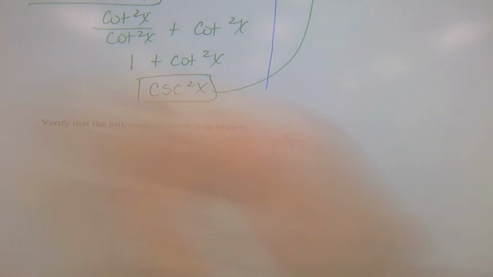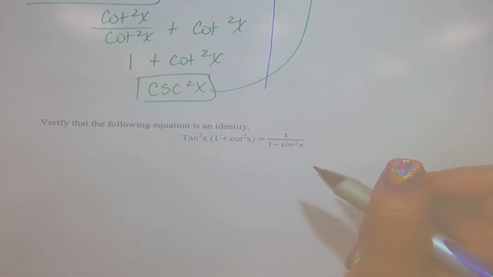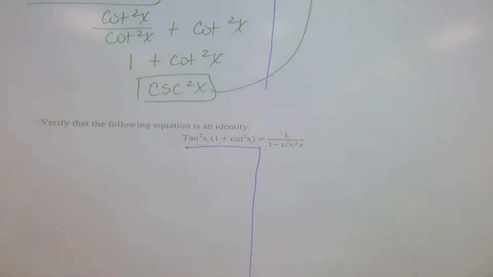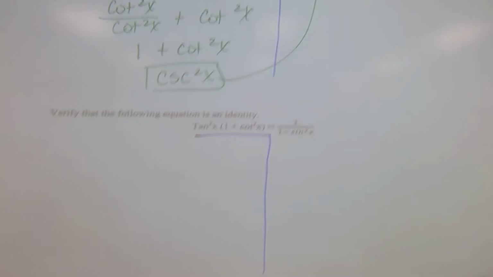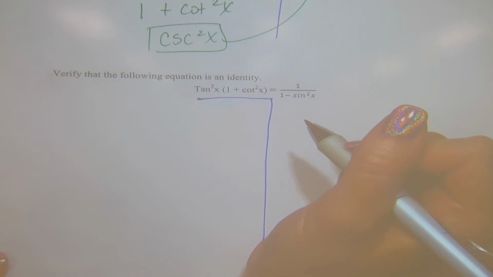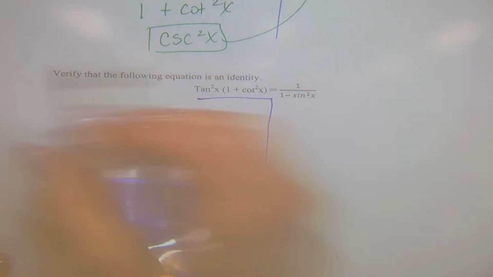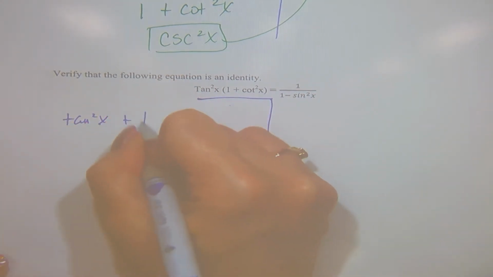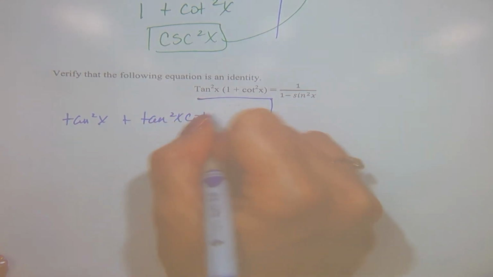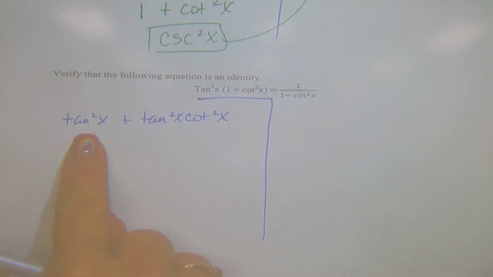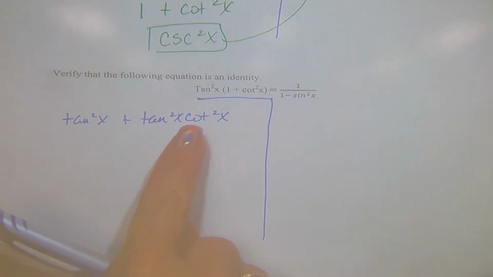Let's go again. Keep your goal in mind. I'm going to encourage you to work the left side because it's the more complex side. You're welcome to change to sine and cosine right now, or you can distribute that tangent square x. Since this is just tangent, I want to change this.